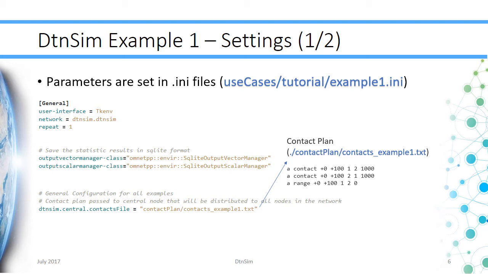Another important command which is included in the contact plan is a range command. It's very important to have this included, and the range command models the delay given by the distance between nodes, in this case number 1 and number 2. So in this example, a range command says that between time 0 and time 100 in seconds, nodes 1 and 2 will have a range of 0 seconds of light speed.